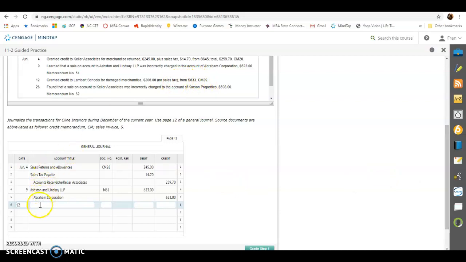So sales returns and allowances. That was CM29. And the amount is $206.